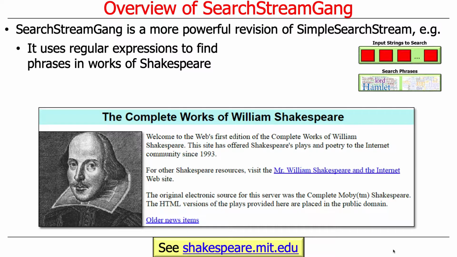In particular, what SearchStreamGang does is it uses very complex regular expressions to find phrases, not just words, but phrases in the complete works of William Shakespeare. And I've given you an overview of the body of William Shakespeare's work before.